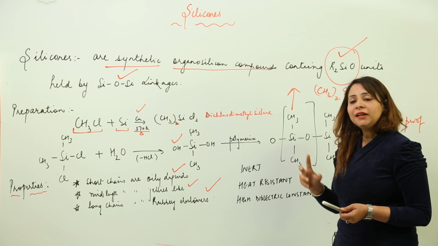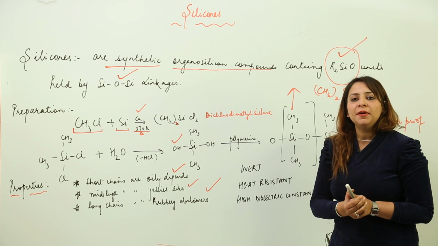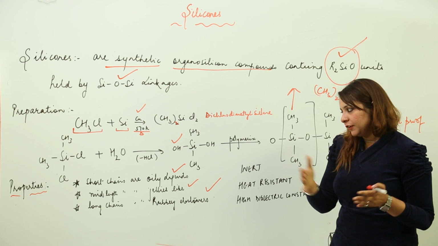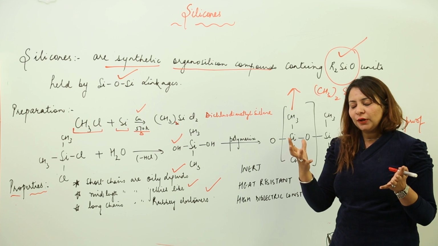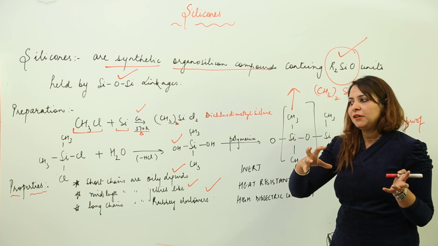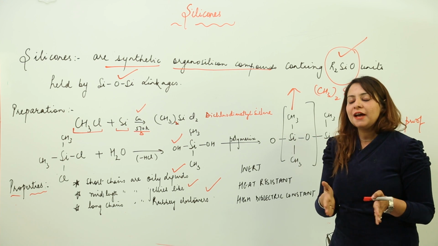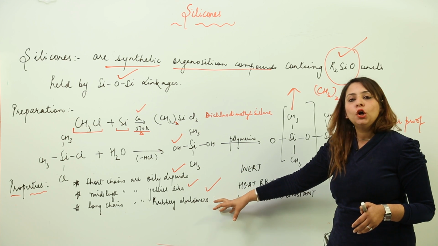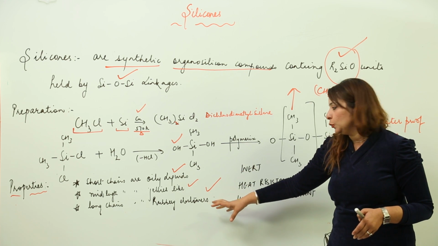So what kind of state they exist in at room temperature depends upon the number of units present in a chain. If the units are few, that means they have short chains, then they are oily liquids, mid-length ones are jellies, and long chains act as rubber elastomers.